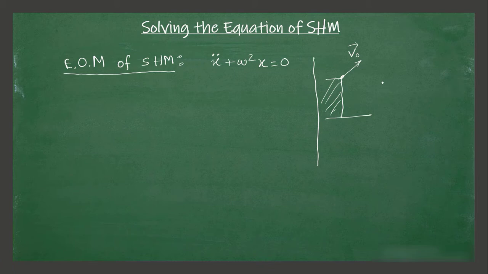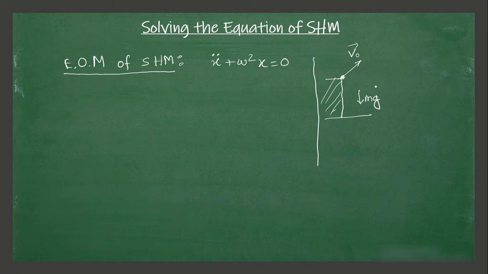Now first, let us find out the equation of motion for this situation. Now, if we ignore the air resistance, you can see the only force acting here is gravity, which can be considered a constant force in the downward direction, okay? So the constant force in the downward direction here is the mass of that object, m, times the gravitational constant.